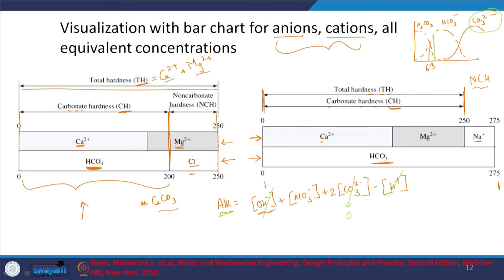So, in effect almost all the alkalinity when the pH is near neutral is equivalent to the concentration of HCO3 minus. That is why I was using the terms interchangeably when I talked about HCO3 minus or alkalinity, right. This is something we will look at in the next slide.